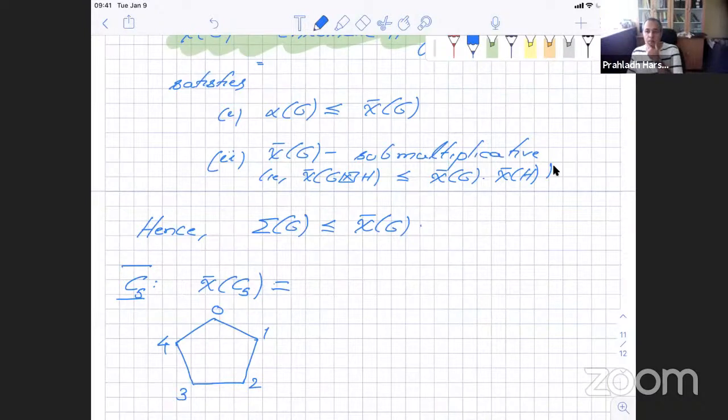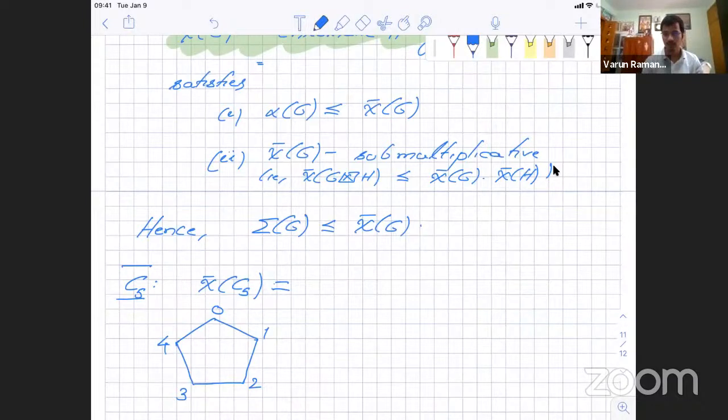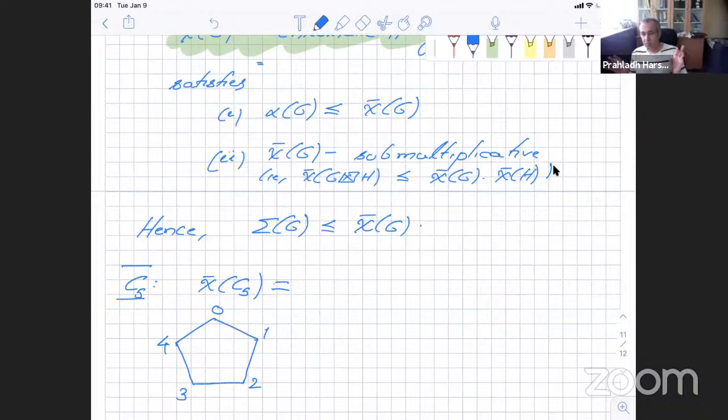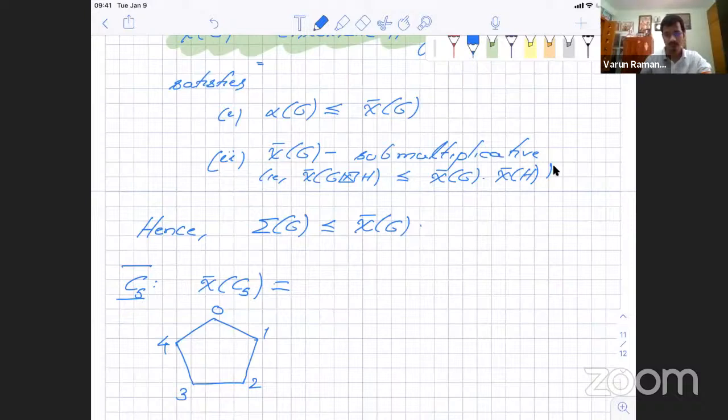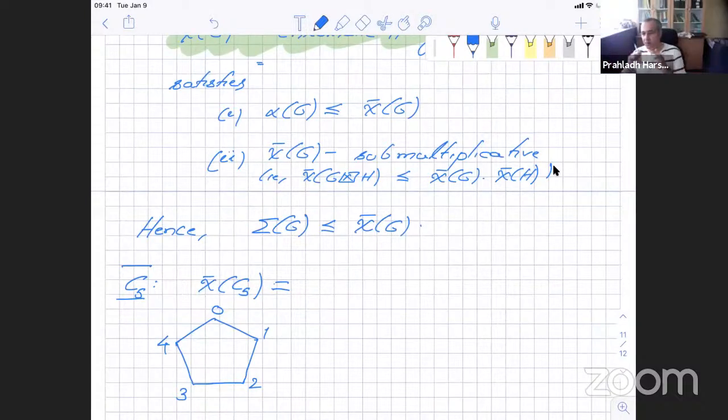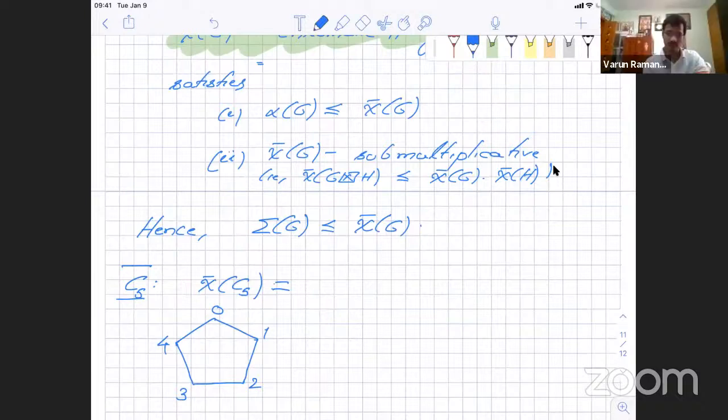Two of these cliques cannot have any vertices in common. It should be a partition of the vertices into cliques. You can do 5, where each vertex is a clique of its own. That's fine. But 3 is possible. How do you get 3? Take 2 edges which are not incident on the same vertex and take the remaining vertex.